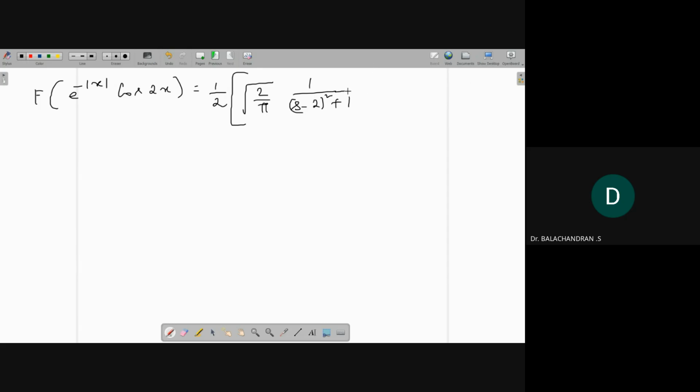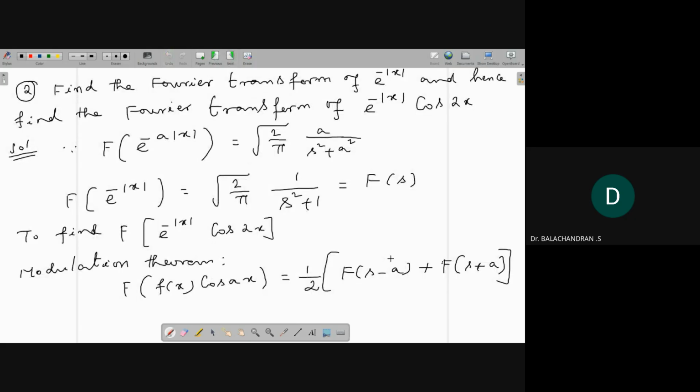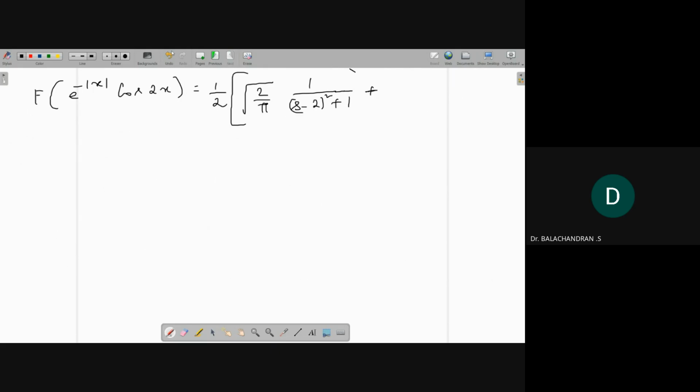Similarly, plus f of s plus a, where a equal to 2 now: root 2 by pi 1 by s plus 2 whole square plus 1.